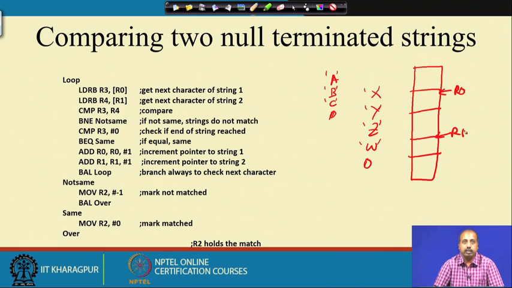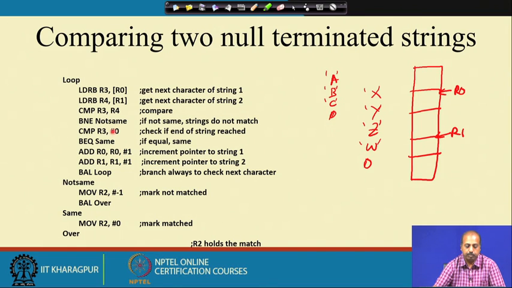We compare R3 with R4. If they are not equal, then naturally they are not the same. We just check whether the strings are same or not. If they are not same, then we come to the not same location and set R2 to -1, to say that they are not matching.